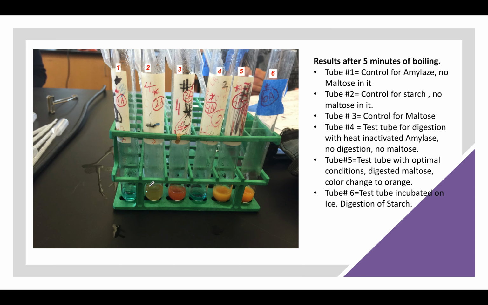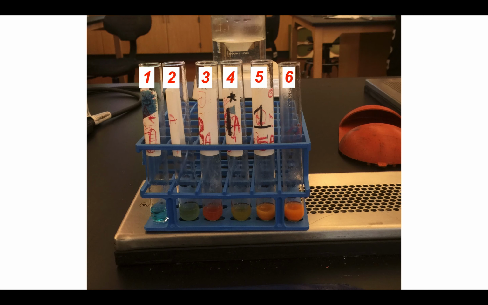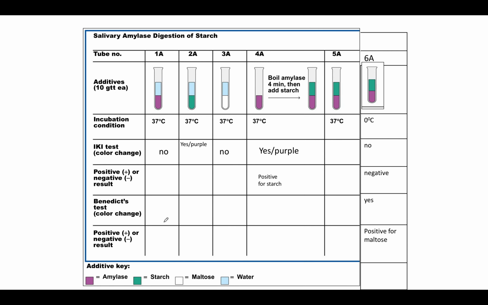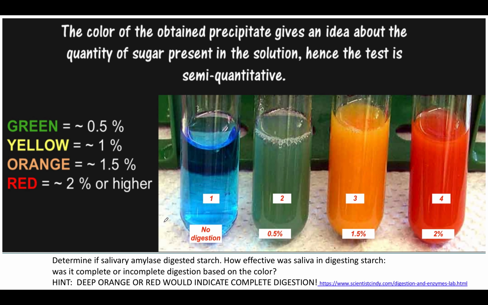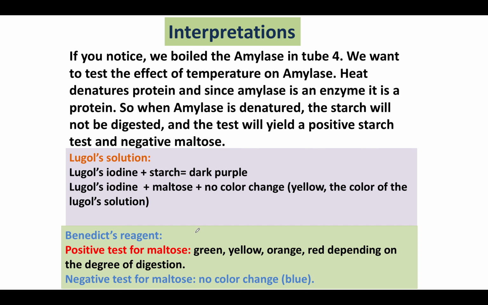Probably there was some contamination, that's why we got some partial digestion. So that's why we do have these color indicators, and that's why we have the control to compare against a known standard.